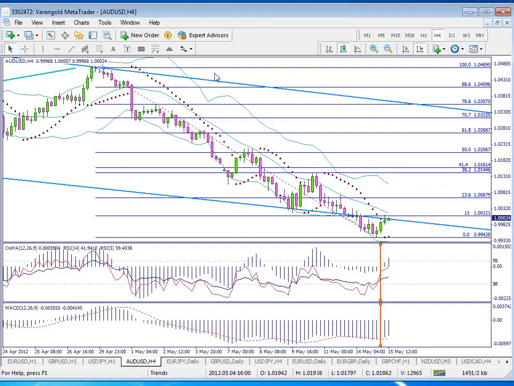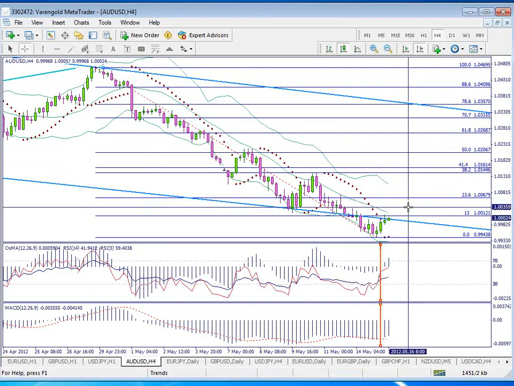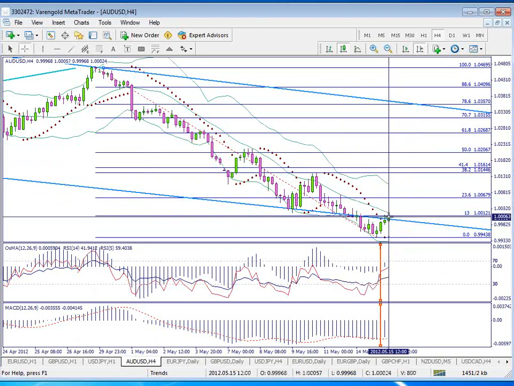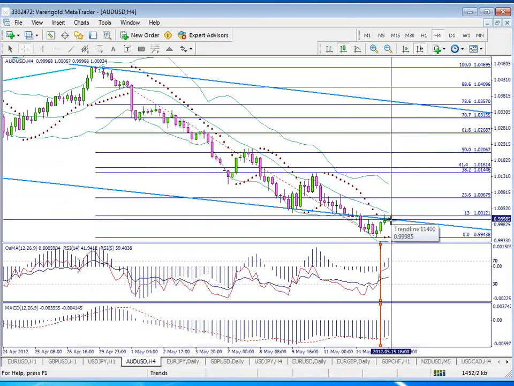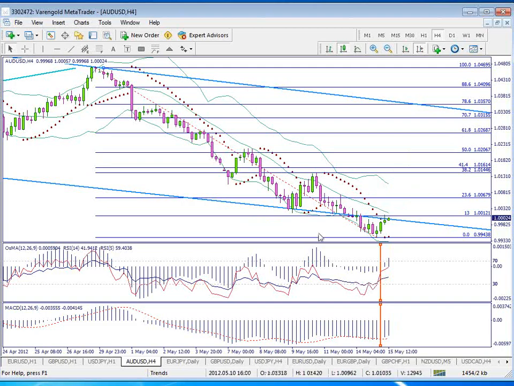So it means quite a nice trade. About 70, 80 pips at risk, or let's say 60, and 270 pips as reward.